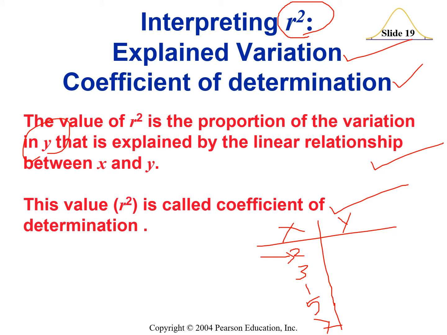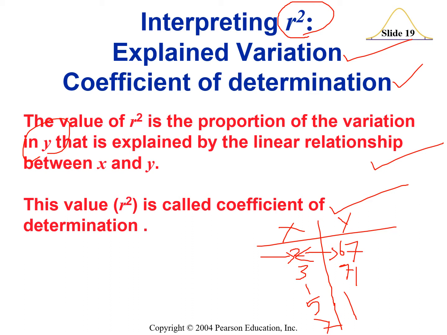For example, the first student reads 2 hours and has a score of 67, the second one 71, and so on. We have a sample of x and y.